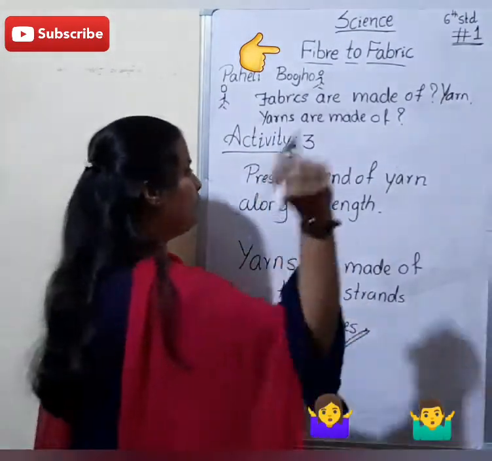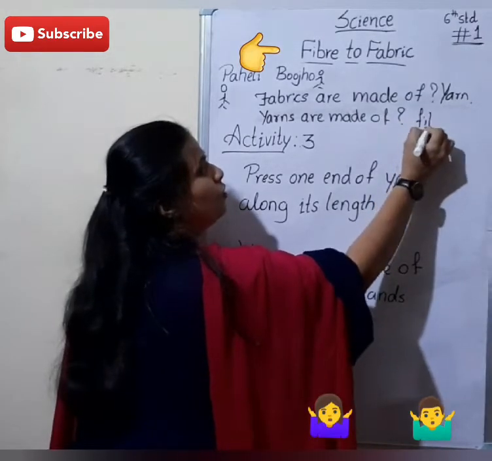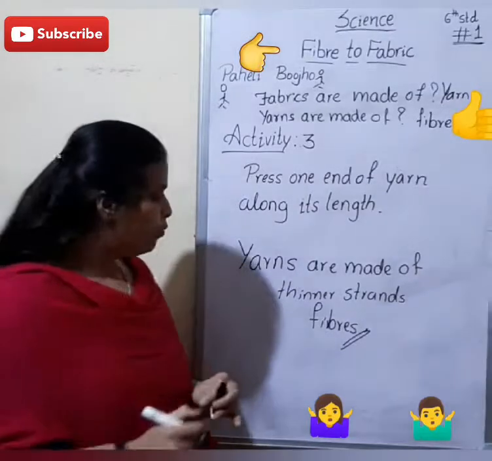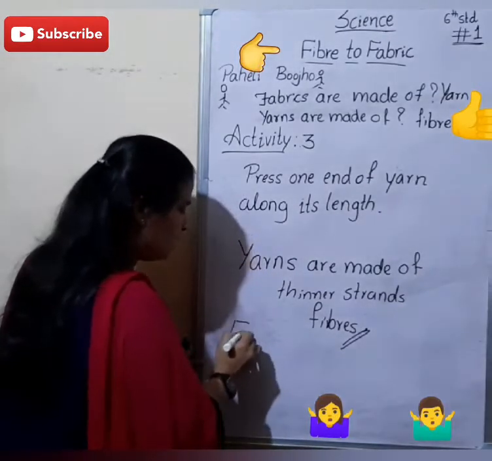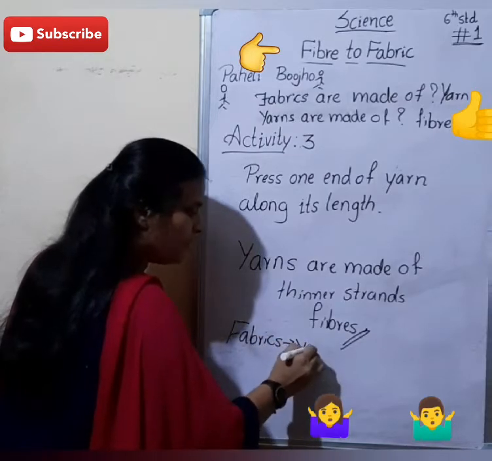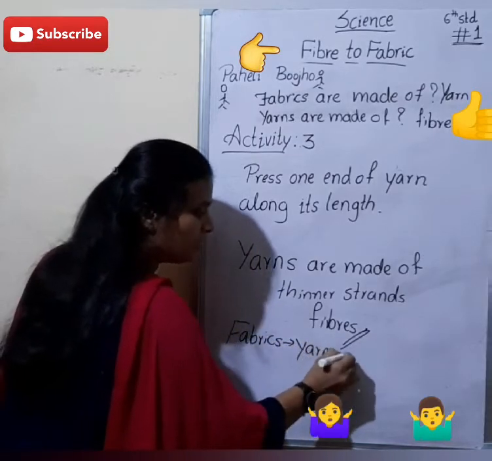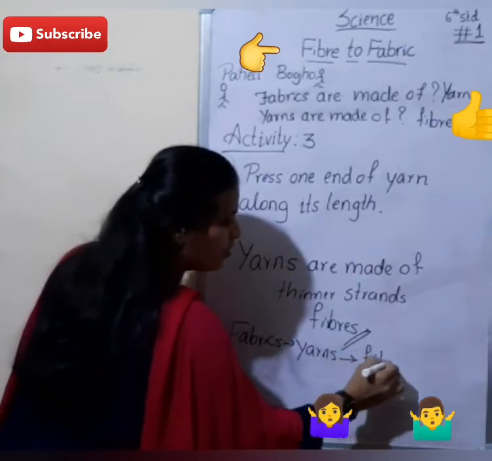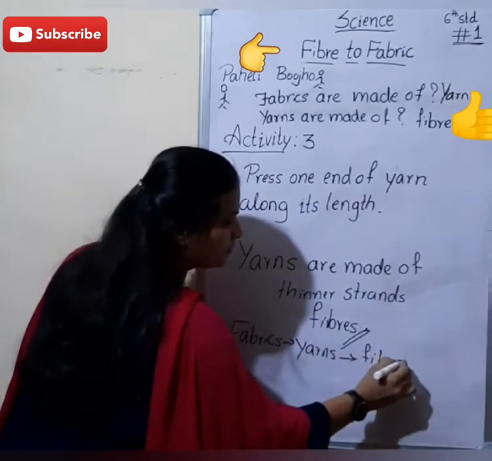So they are made of thin strands called fibers. So what we can say is fabrics are made of yarns, and these yarns are made of thinner strands. They are called fibers.